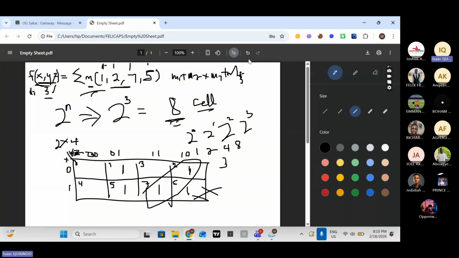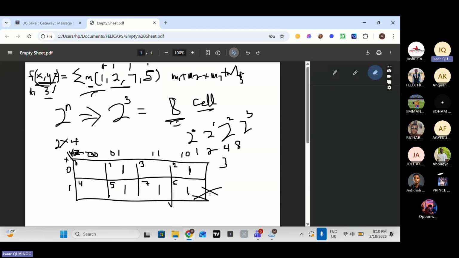Selections are supposed to only be done for 1 cell at a time, 2 cells at a time, or 4 cells at a time which are adjacent to each other. And please, the cells can also wrap around each other. We will explain all those things as we move forward, but let us complete this question.